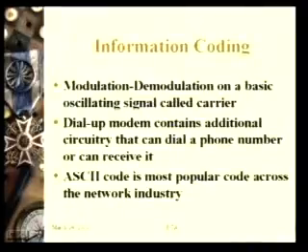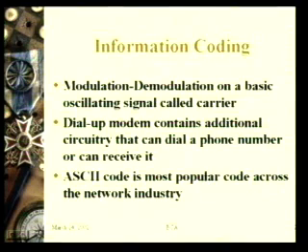Okay. What are the other things in the network? Another important issue is information coding: modulation and demodulation on the basis of an oscillating signal called a carrier. This is what you do with analog and digital signals. A dial-up modem contains additional circuitry that can dial a phone number or receive a call.